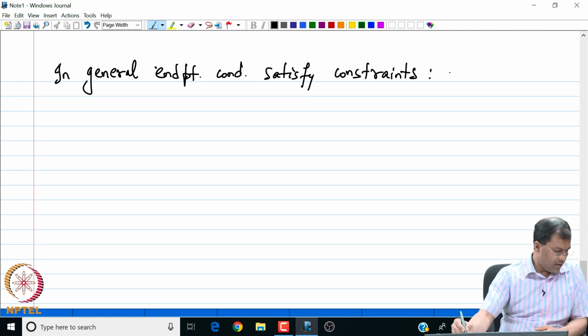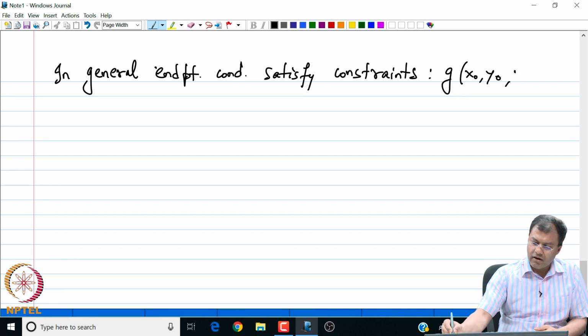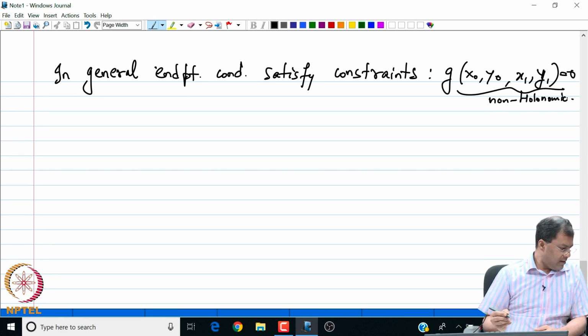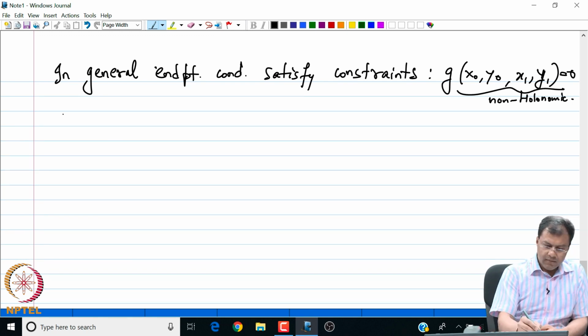Constraints of the form g of x naught, y naught, x1, y1 is equal to 0, and this is in general a non-holonomic constraint, right, and often these constraints may reduce to single endpoint constraints.